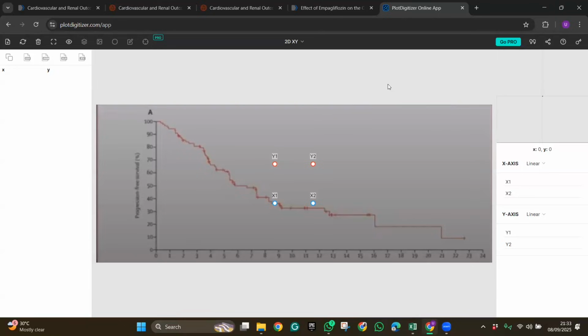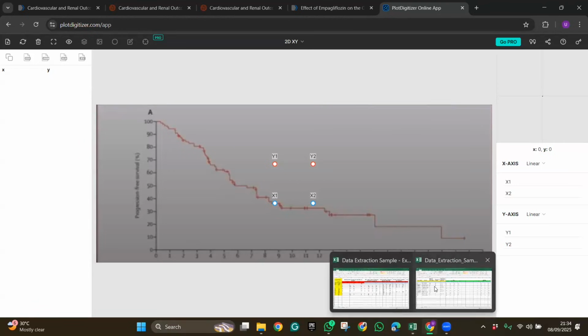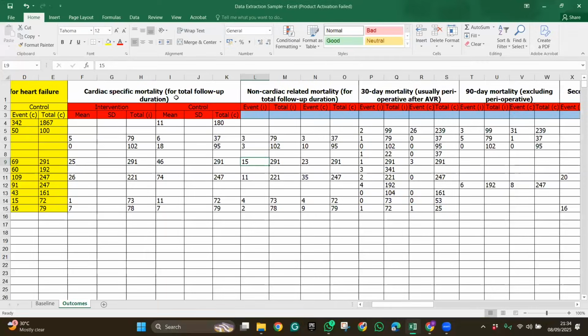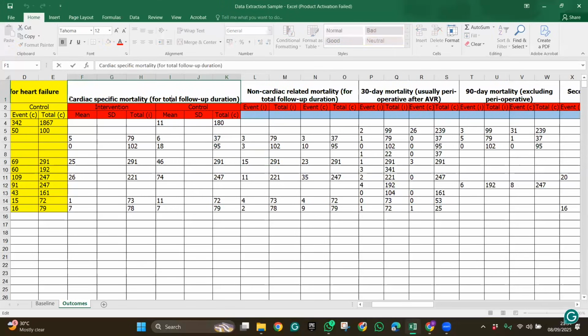So what I did is that I uploaded the graph on a plot digitizer. Why did I upload the graph on a plot digitizer? Because I cannot determine it otherwise. Some of you were asking why I took the progression-free survival at week 2. I'm going to explain it to you through the baseline table, sorry, the instructions. Let's say this is the output. I'm going to write it here.